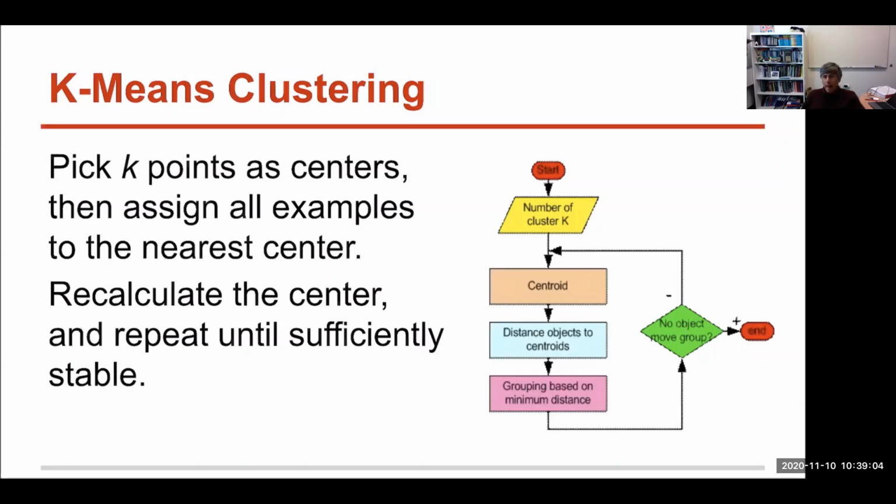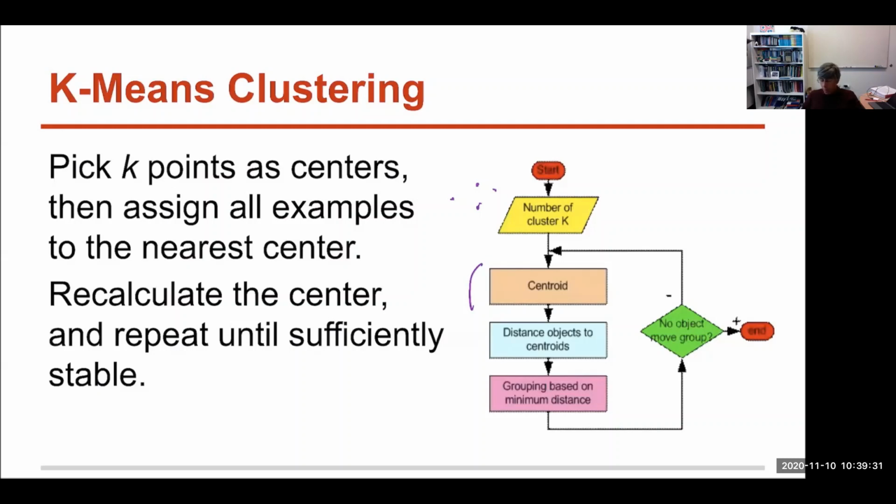Then you pick k points to start and say these guys are your cluster centers. In general, we're going to go through a process where, for each cluster set that we have, we compute its centroid.